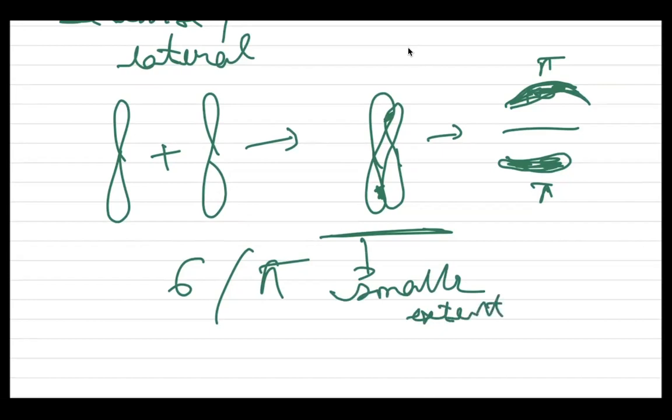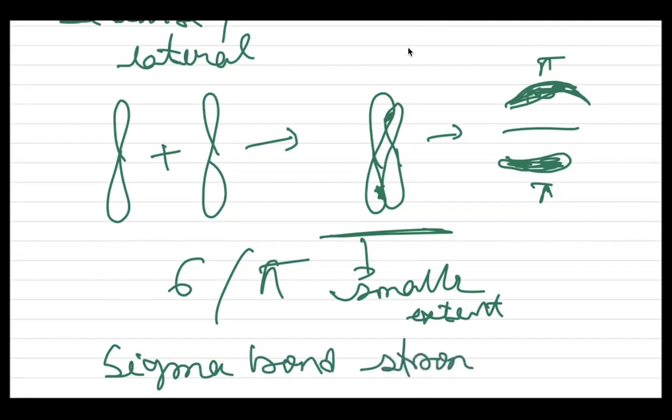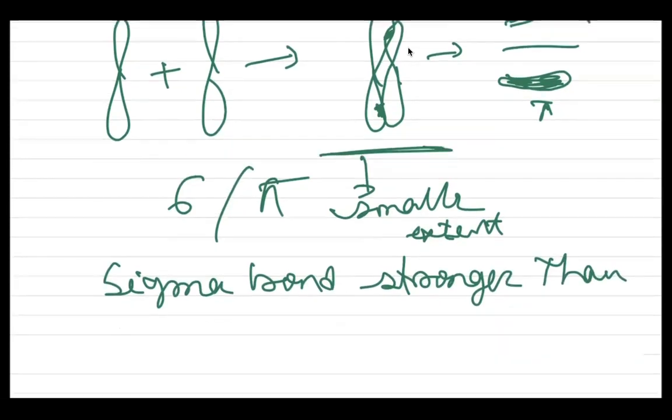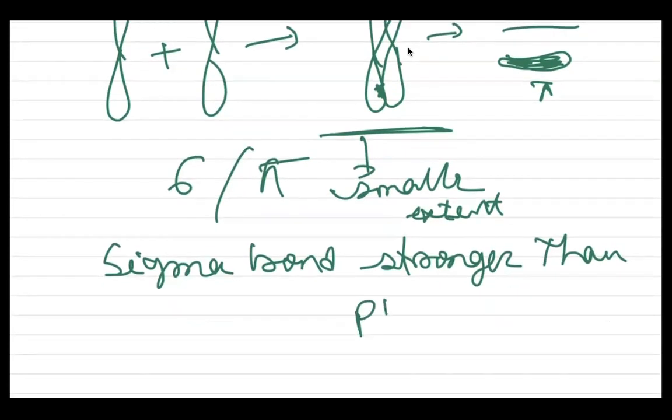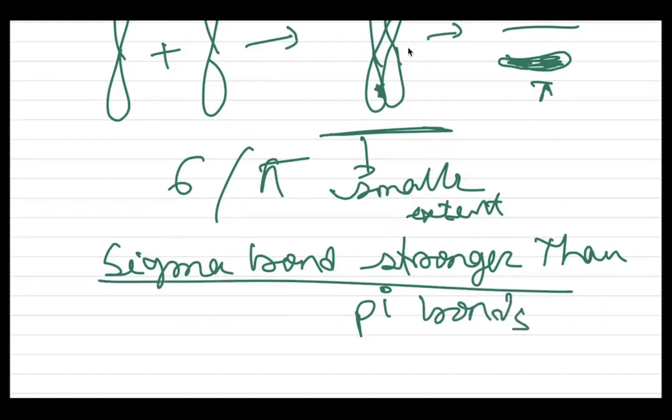So that's why the sigma bond is always stronger than the pi bond.